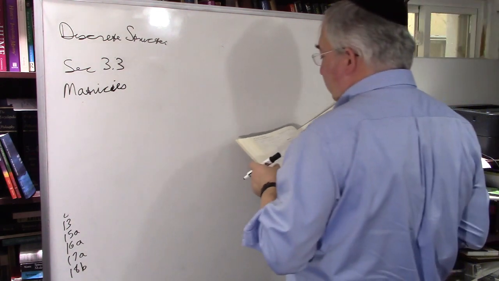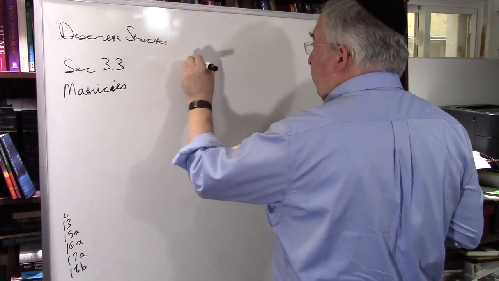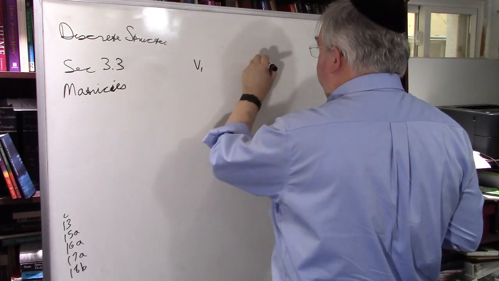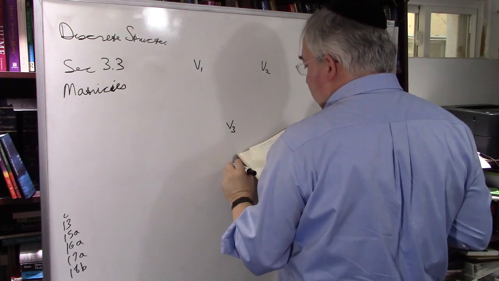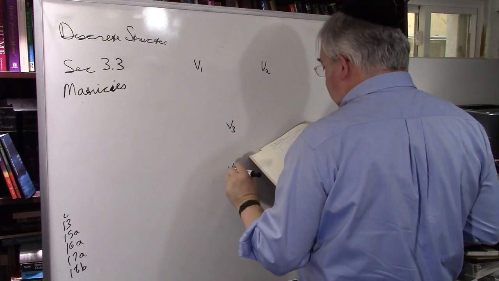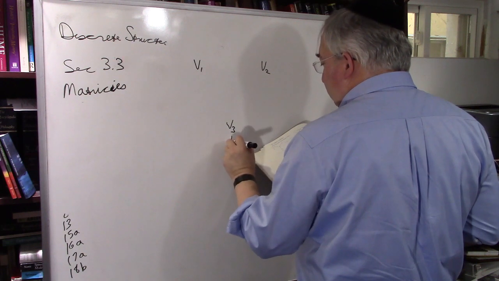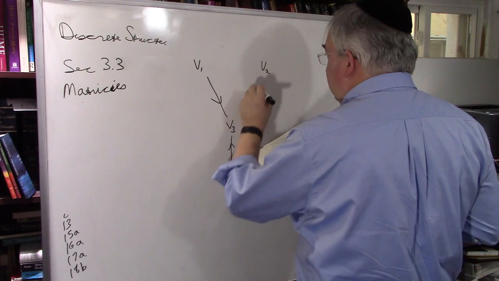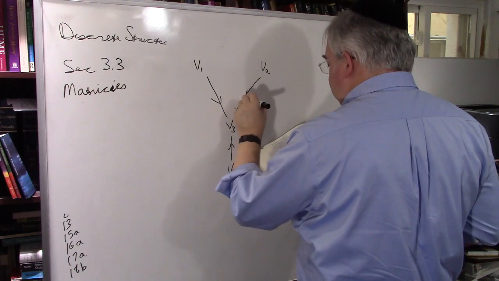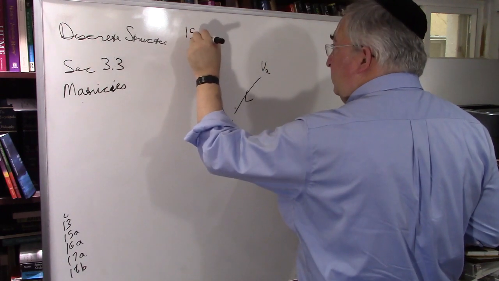I just want to draw the picture. So this is V1, V2, V3, V4, and you have an arrow like this, an arrow like this, and an arrow like this, and this is 15A.